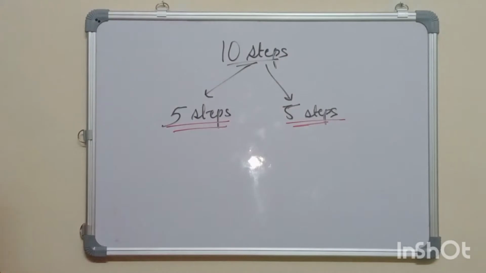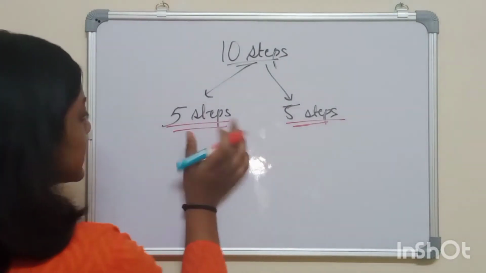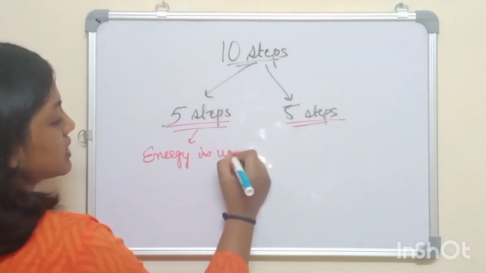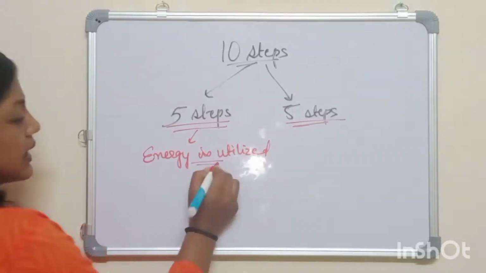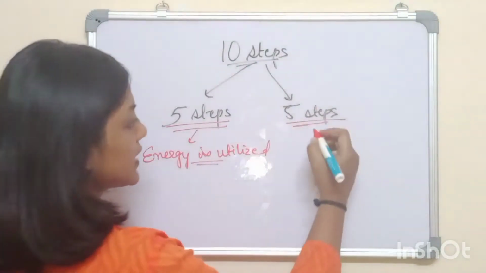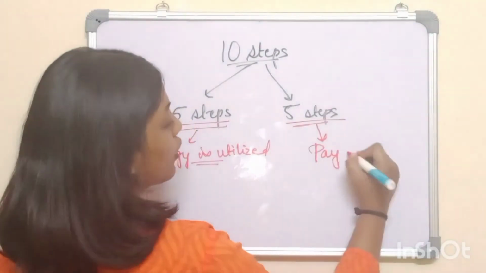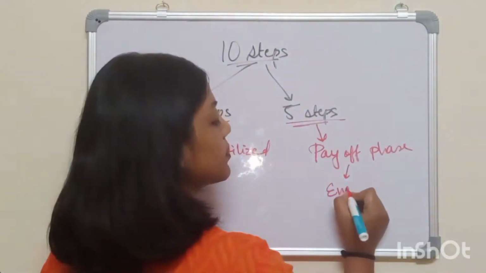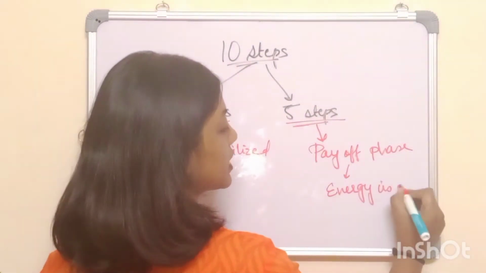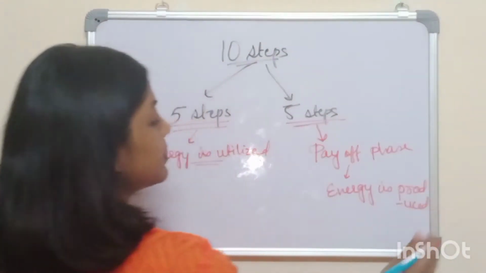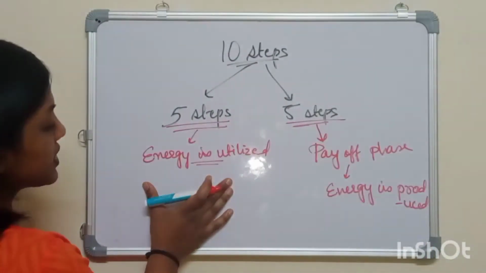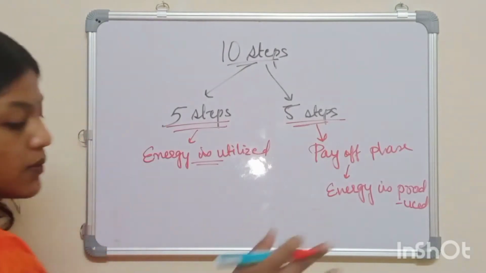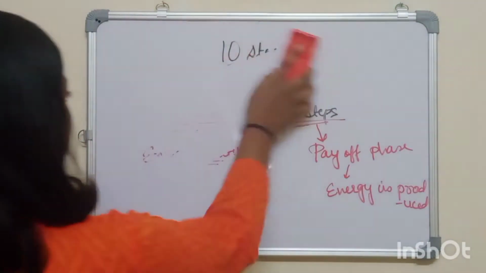In the first 5 steps, energy is utilized, and in the last 5 steps, this is the payoff phase, during which ATP or energy is produced. That is, ATPs are utilized in the first 5 steps. In the next 5 steps, the energy or the ATP is produced. Okay, this is the overview.